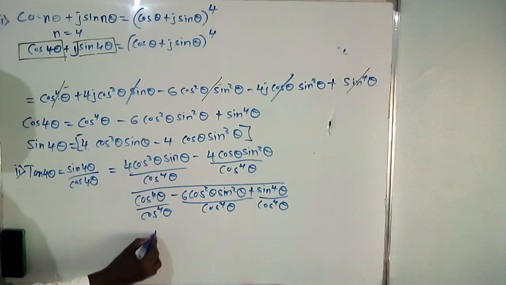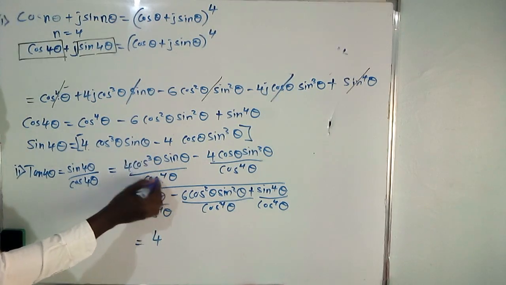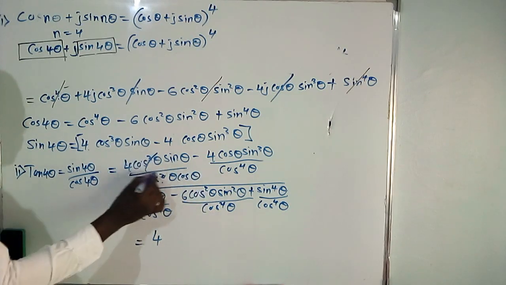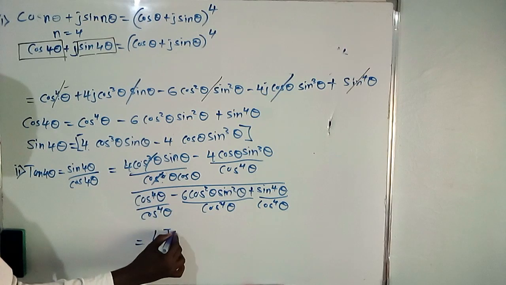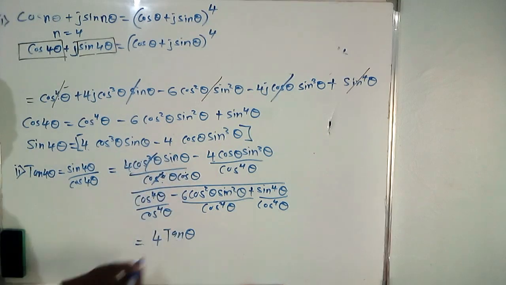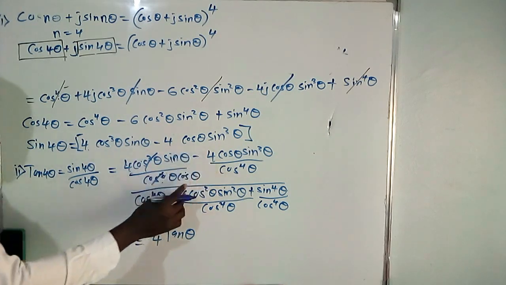The first term in the numerator is 4 sin theta over cos theta, which is 4 tan theta. You are done with that first term.